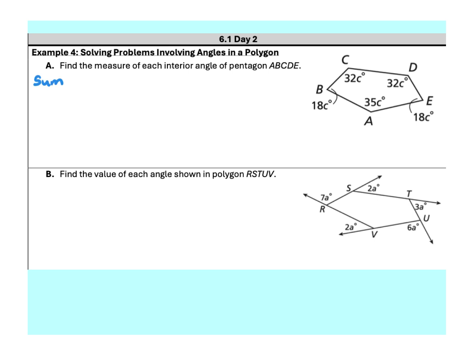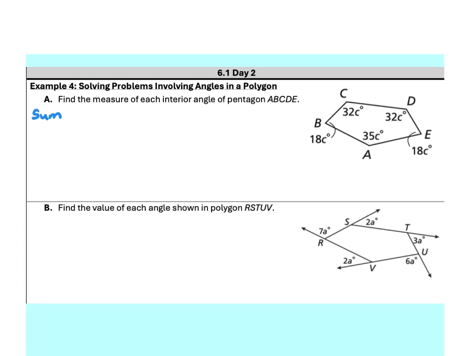The sum of the interior angles of a convex polygon is equal to n minus 2 times 180, where n is the number of sides. So this pentagon has 5 sides. So we just need 5 minus 2 times 180. So 3 times 180 equals 540.